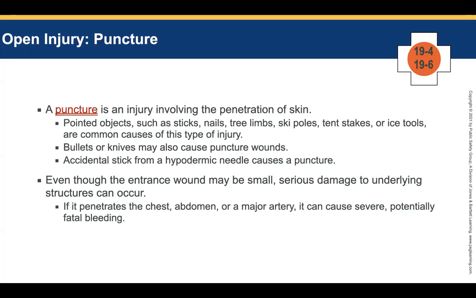Think about what's in the upper quadrants, what's in the lower quadrants, knowing what a puncture could have gone into and caused damage to, and what you should suspect from those puncture wounds.